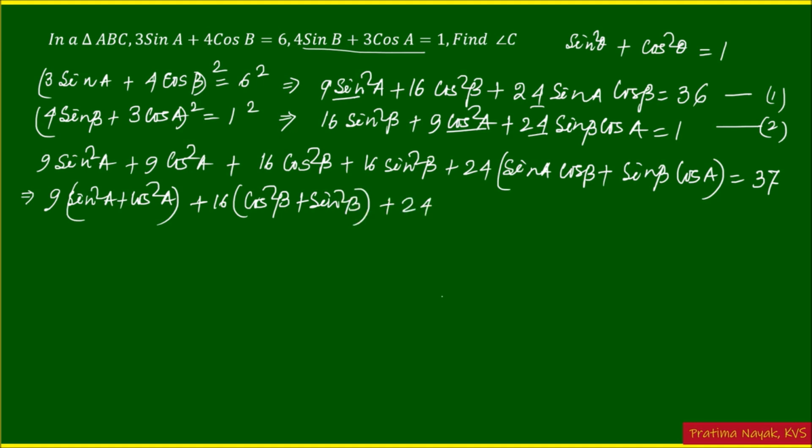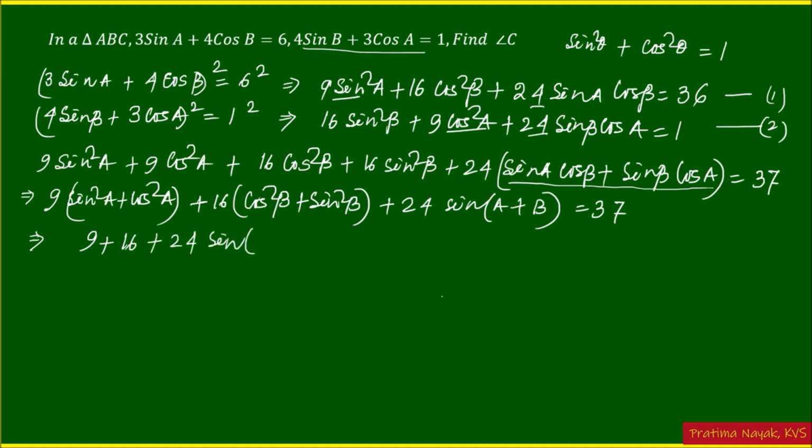Next I'll apply the formula: sine A cos B plus cos A sine B is nothing but sine of A plus B. So I'm getting 9 into 1, 16 into 1, that is 25, plus 24 times sine A plus B is equal to 37.